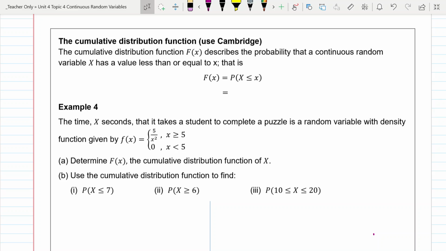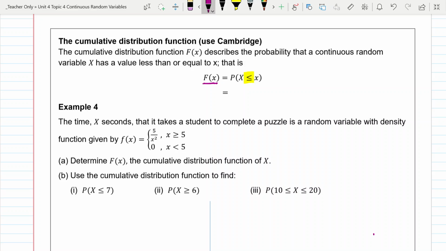Okay, now you need to notice the difference between the capital F and the small f, because the small f is obviously your function and your capital F is your integrated function. So that's the first thing you're going to notice, and watch out for that in exams. And then also you need to be very aware that it's going to be finding your probability of x being less than or equal to a value.